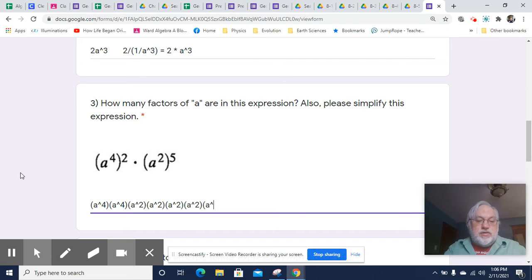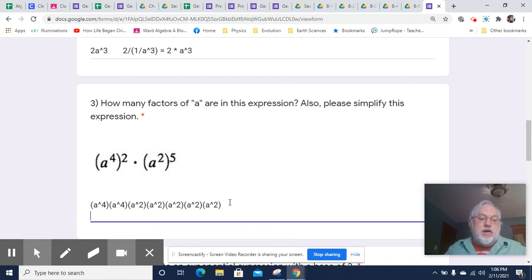So wouldn't it be great if there was a shortcut for this? There is. I've got 2 sets of 4, and I've got 1, 2, 3, 4, 5 sets of 2. So 2 sets of 4 is 2 times 4. So I can rewrite the left part as a to the 2 times 4 power.